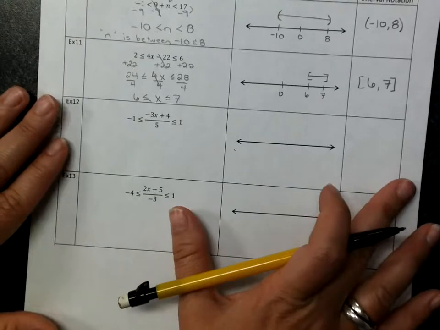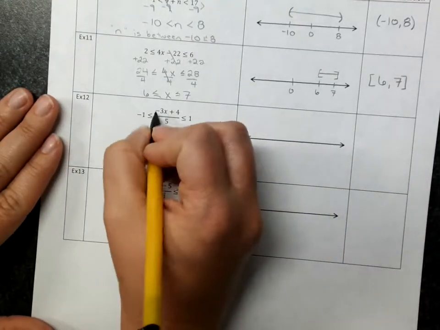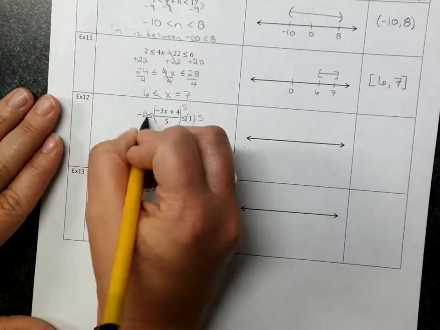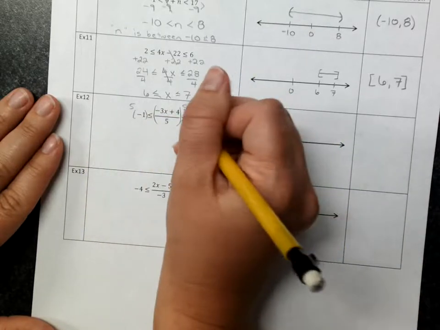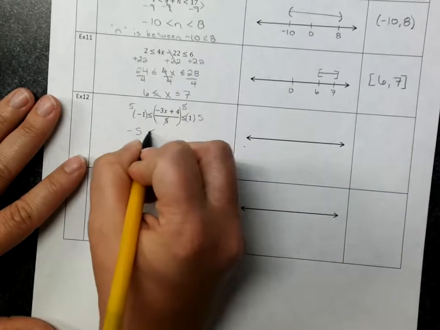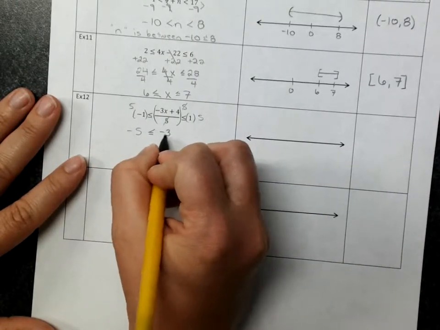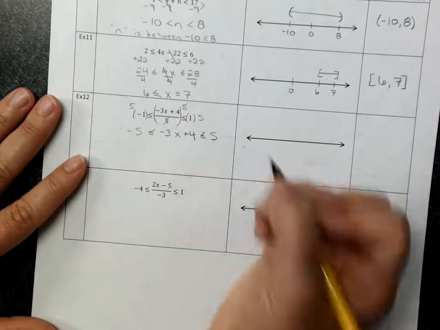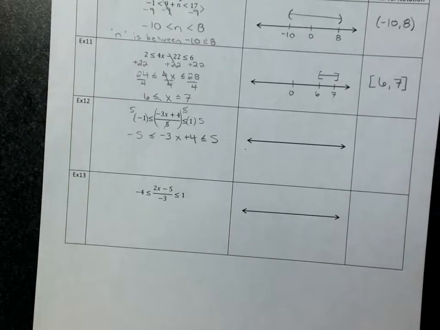Same idea on example 12. Here I'm going to multiply by 5, multiply by 5, and multiply by 5. What that does is cancel out that dividing by 5. I'm left with negative 5 less than or equal to negative 3x plus 4 less than or equal to positive 5.